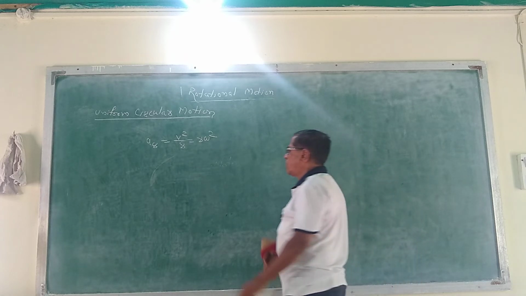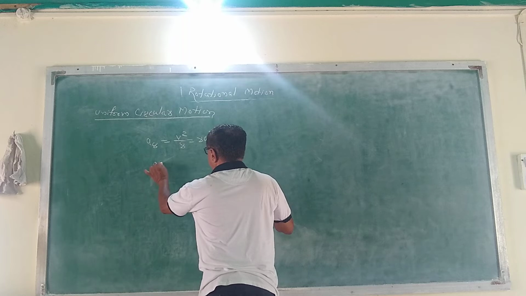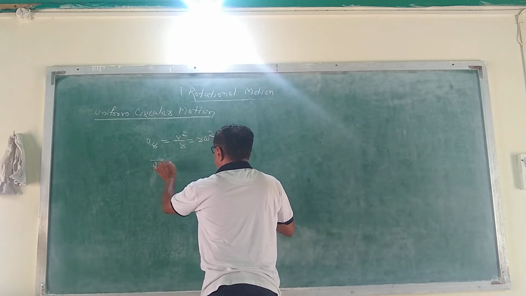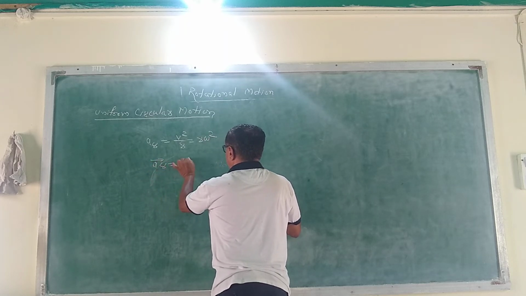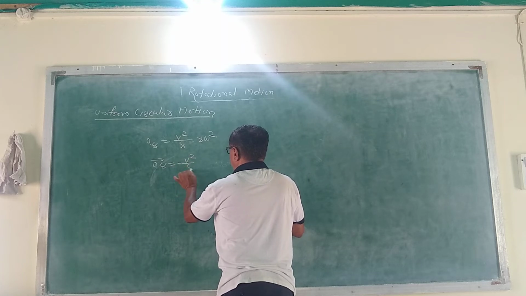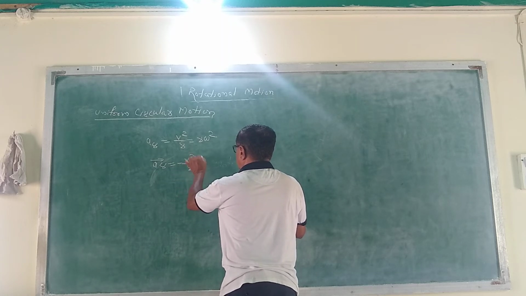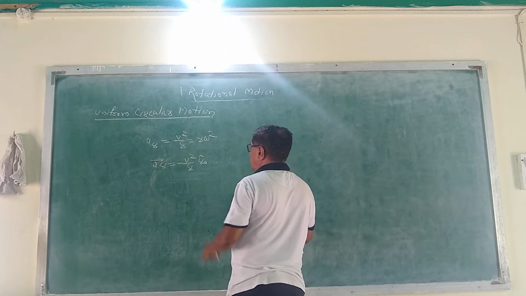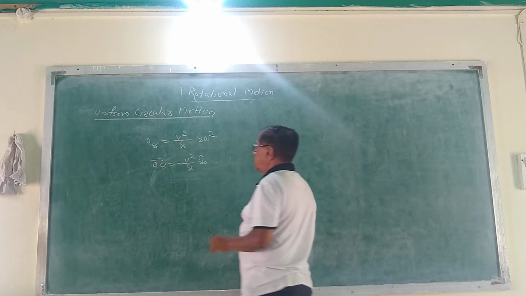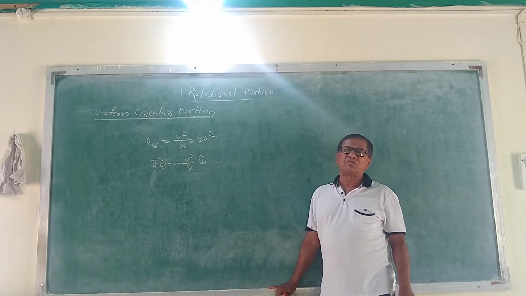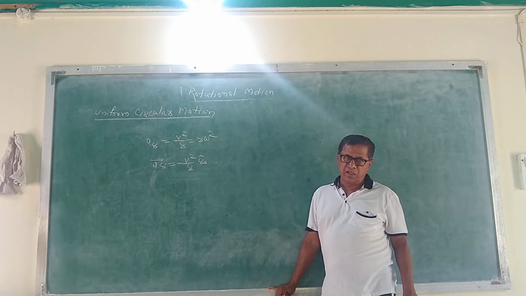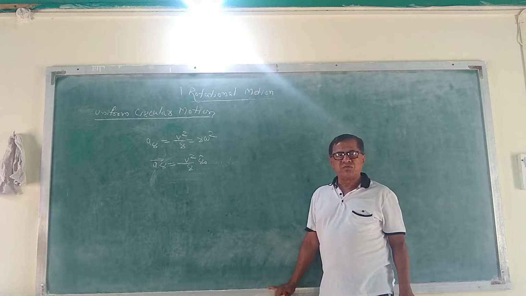Now in vector form, this acceleration is written as a_r bar equal to minus v square upon r into r0 bar. This is called the unit radius vector. The radius vector is along the radius but away from the center, therefore there is a negative sign.